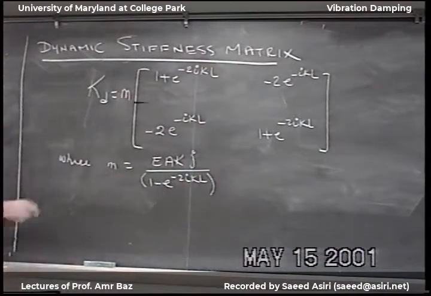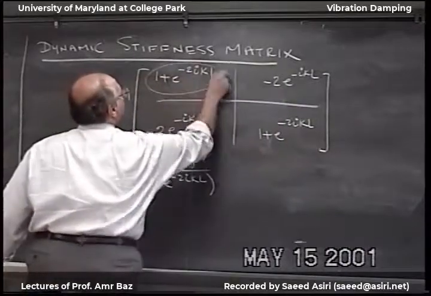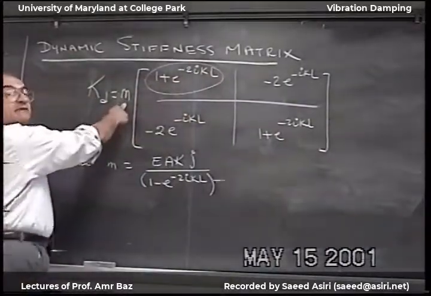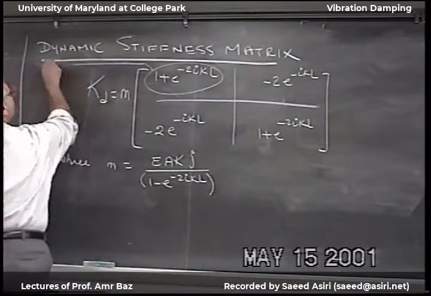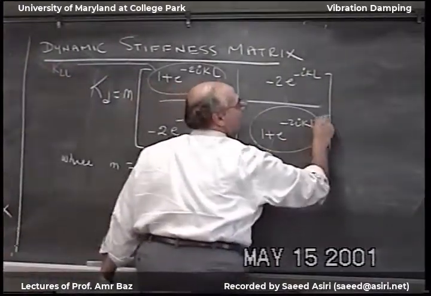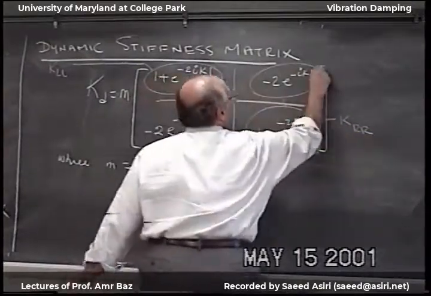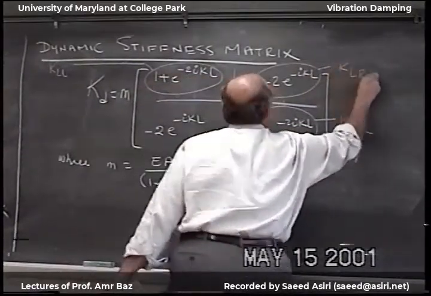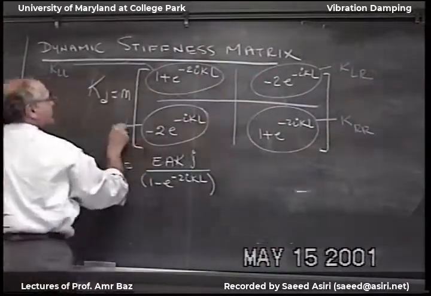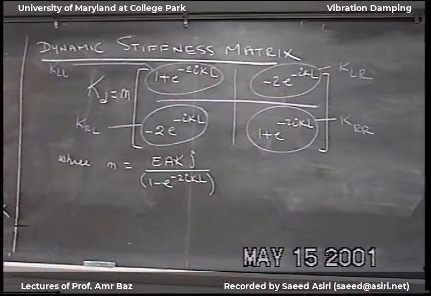Now this, multiplied times the little m, is my KLL. This is my KRR, and then this is KLR, and this is KRL. I have every term here.